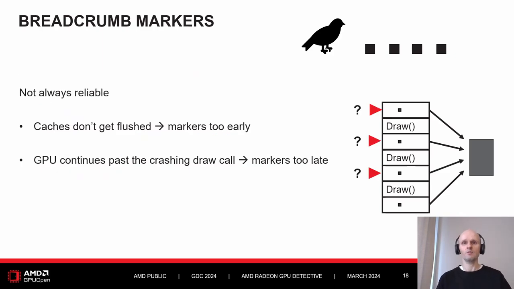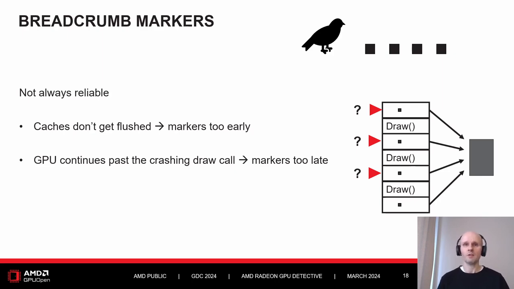Those breadcrumbs look good on paper, but they are not always reliable. They may give the correct information about what caused the crash, but please take those results with a grain of salt, and also please test multiple times to see if the results are consistent and not all over the frame. The reason those may not be very reliable is because, well, even if those breadcrumbs do what the API says, they write a value to a buffer between a draw call starts or after it ends.